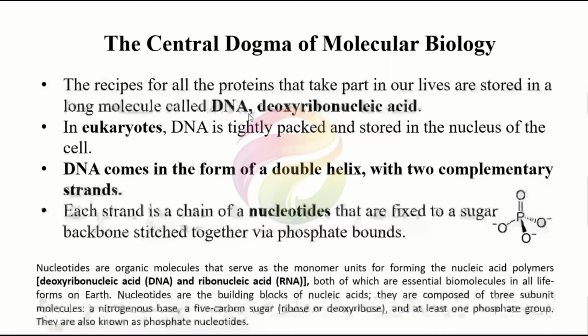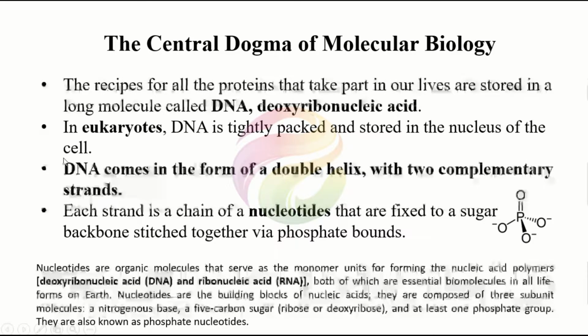DNA replication takes place, then DNA is transformed into RNA, and RNA produces proteins. You can say that RNA is basically the information that is coming out of DNA.